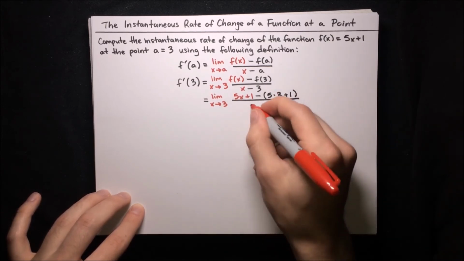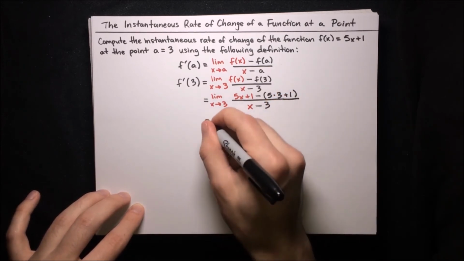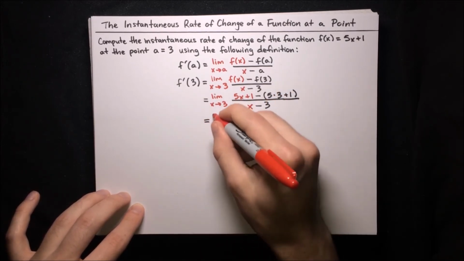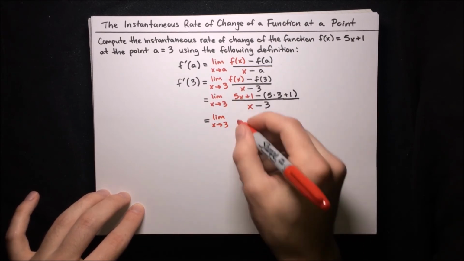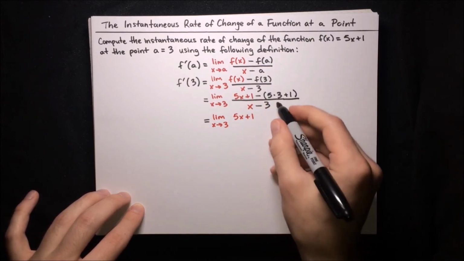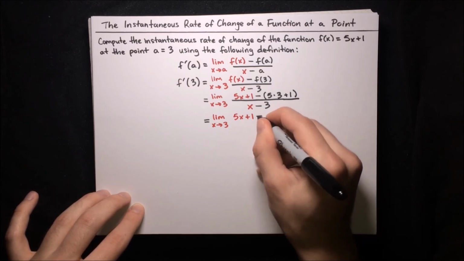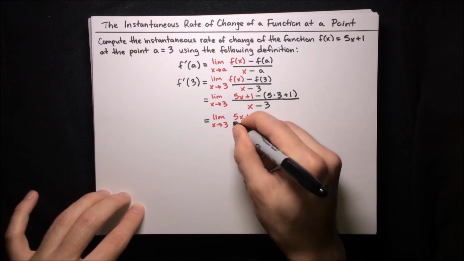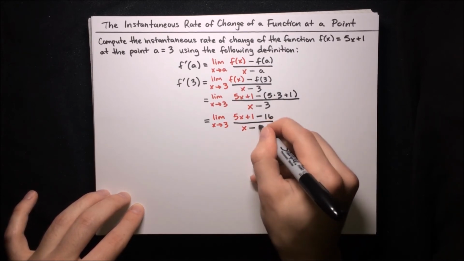And that's all still over x minus 3. Simplifying, this becomes the limit as x approaches 3 of 5x plus 1, and then minus that 5 times 3 plus 1. 5 times 3 is 15, plus 1 makes 16, so minus 16, and that's still all over x minus 3.